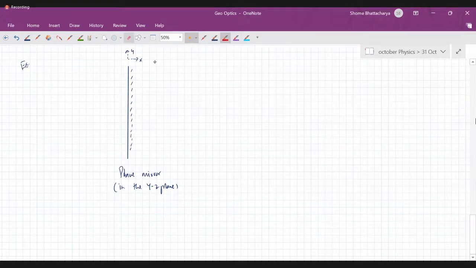Now what is happening here is that a point object is moving with the velocity like this. So a point object.